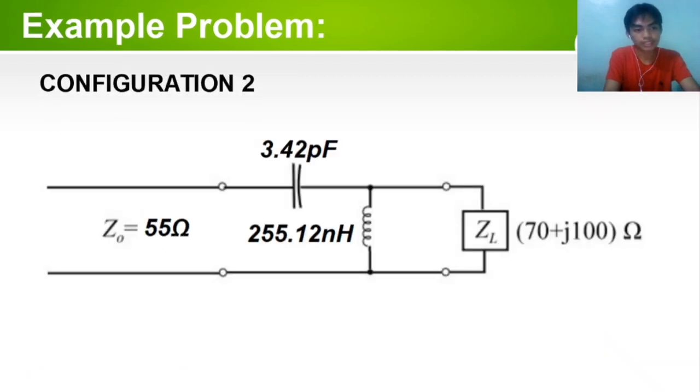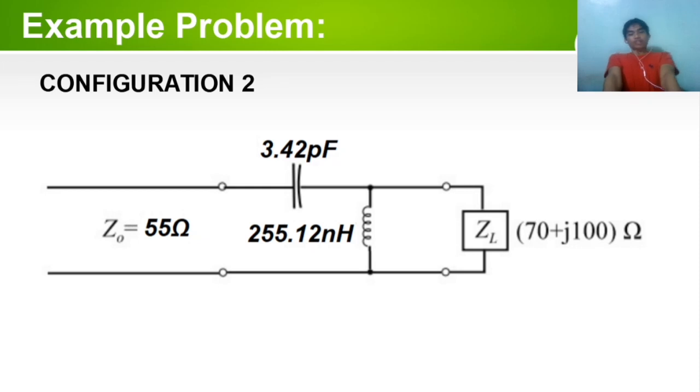So this is configuration 2 of the L network, wherein the 55 ohms is matched to the 70 plus j100 ohms load impedance.